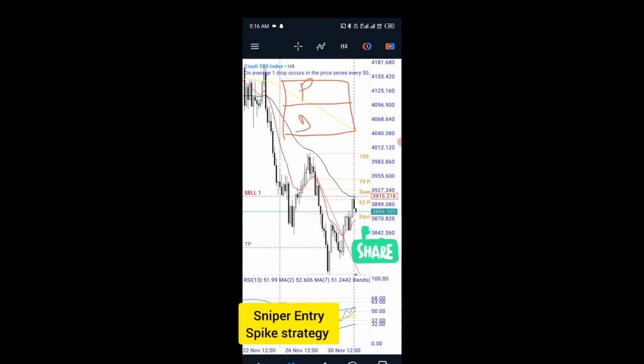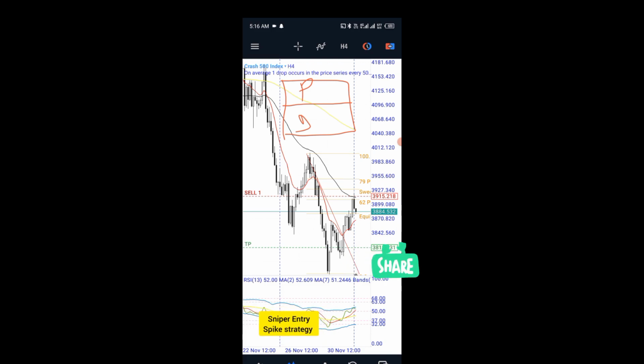For effective use of this strategy, anytime you want to catch a spike on Crash 500 or Crash 1000, make sure that on the last swing you measure, the price is currently at premium. This is where you can get an accurate and effective spike. So ensure price is at your premium.